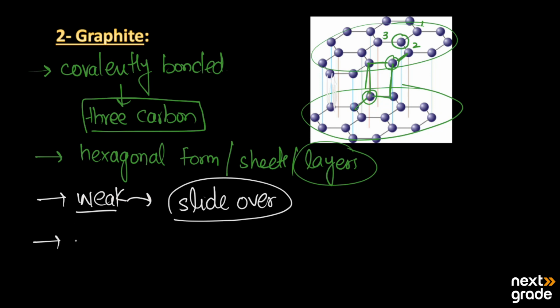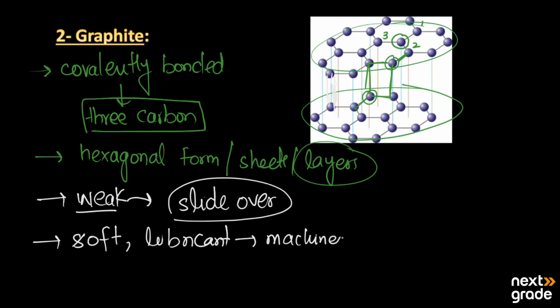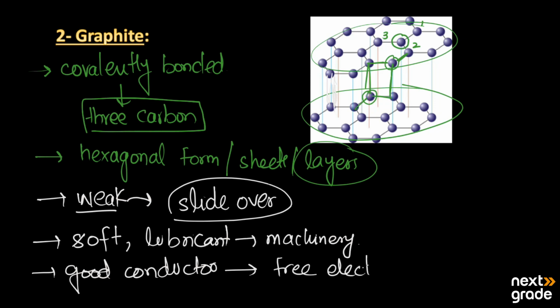So that's why graphite is very soft. It can be used as a lubricant in heavy machinery. On the other hand, it is also a good conductor of electricity because it has free electrons. Why does it have free electrons? Because each carbon has only three bonds with other carbon and the one side is free. So this is about graphite.